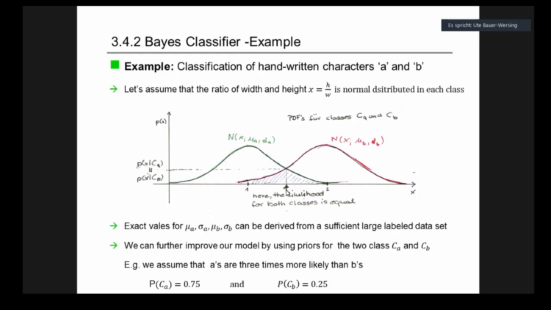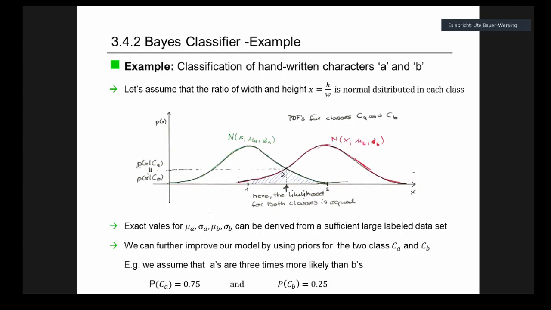Okay, so that's the situation. When you look closely here in between, this gives you the probability, if you have class A, C_A, of observing the corresponding height to width ratio. And as you can see, here's a point where both curves overlap. So you have here a crossing point. Here the likelihood of x given A and x given B is equal.